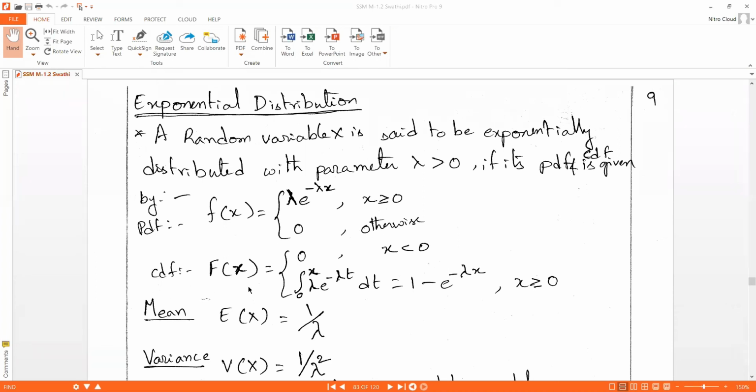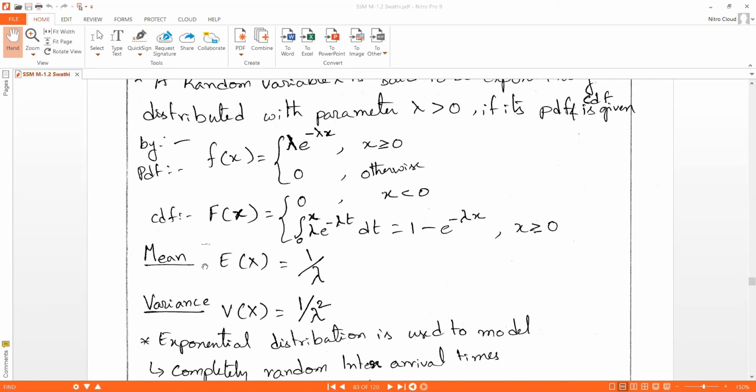CDF is given like this: capital F of x is equal to 0 for x less than 0. If x is greater than or equal to 0, then F of x is the integral from 0 to x of lambda e power minus lambda t dt. We have already seen this formula, and it can be written as 1 minus e power minus lambda x.